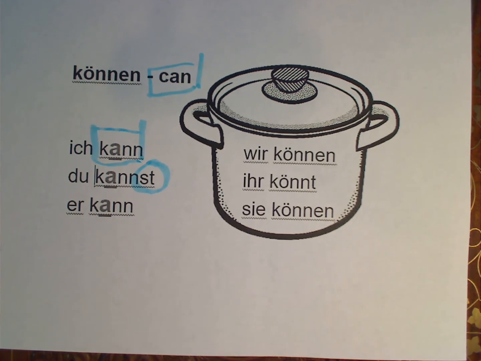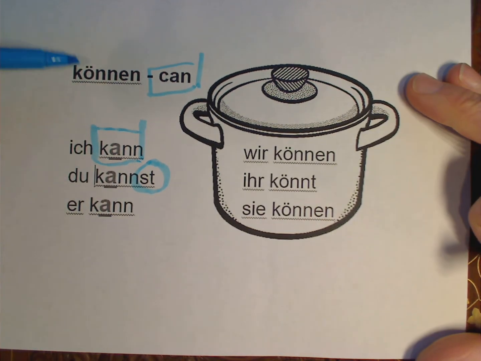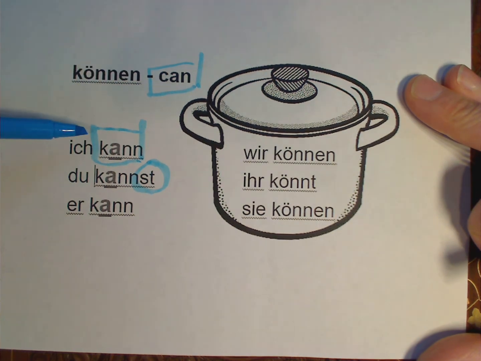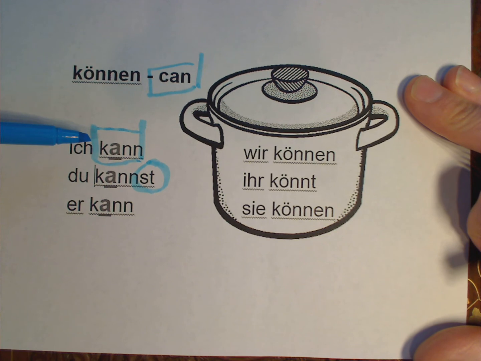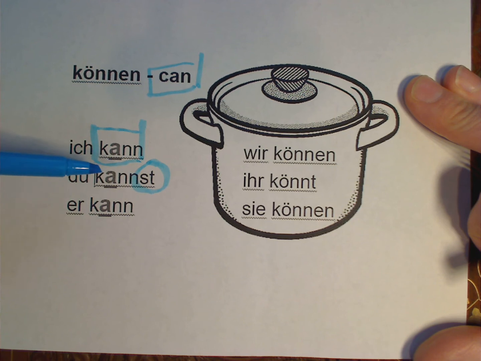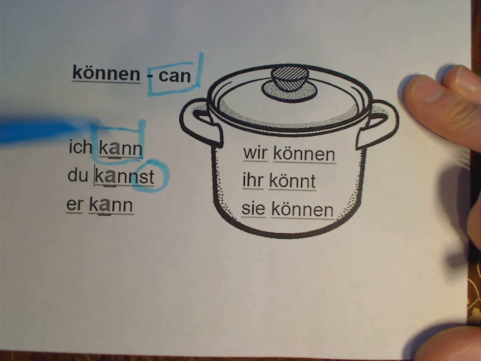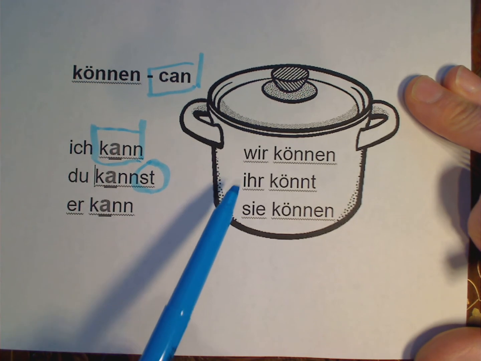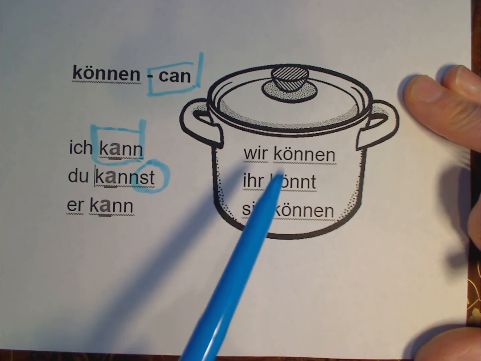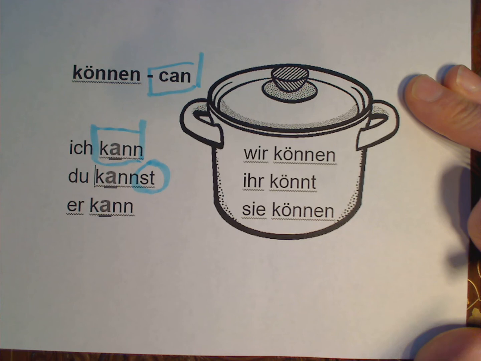You've got it memorized. If you know that können means can, and if you know that the ich form is kann, then you know that the er form is kann, because these are going to be the same, and that the du form is going to be kannst. The remaining 3 forms, the plural forms, are all regular. Können, könnt, können.